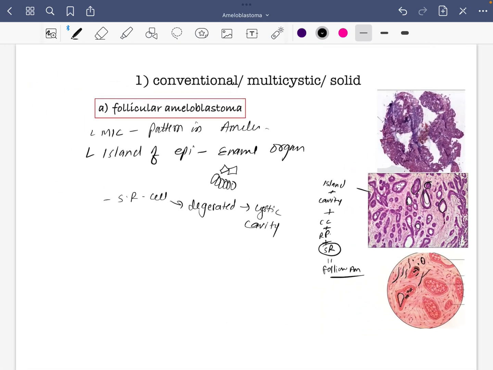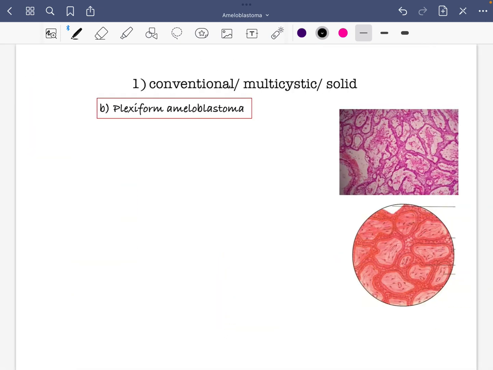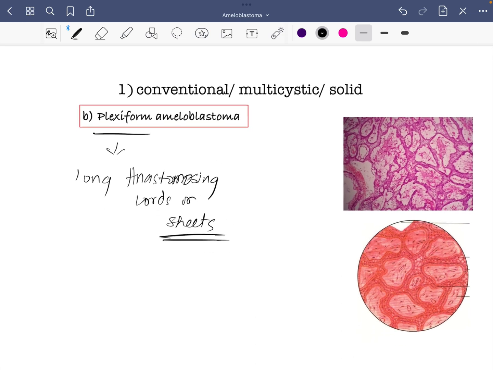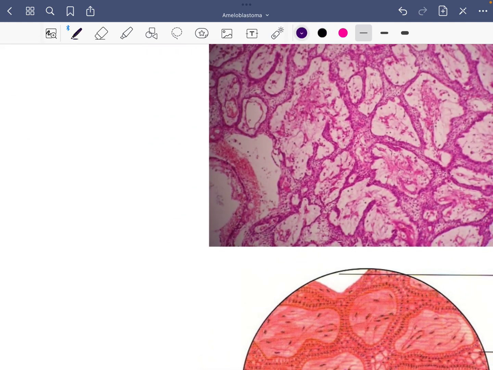I hope it's clear. Okay, so now we will move to plexiform. What does plexiform mean? Plexiform means long anastomosing cords or sheets, right? So in this, you can see this is your tumor part. This is your ameloblastoma part.